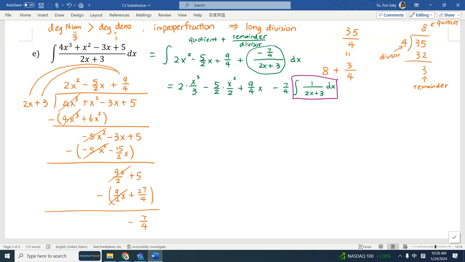What is the U? Yes, 2x plus 3 is the U. And then what is du? 1 or 2 dx.